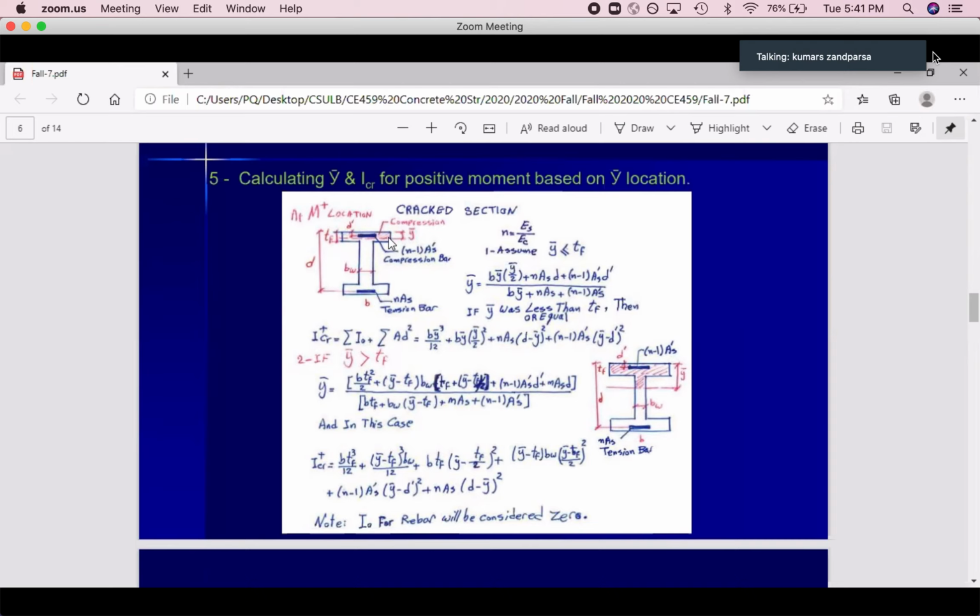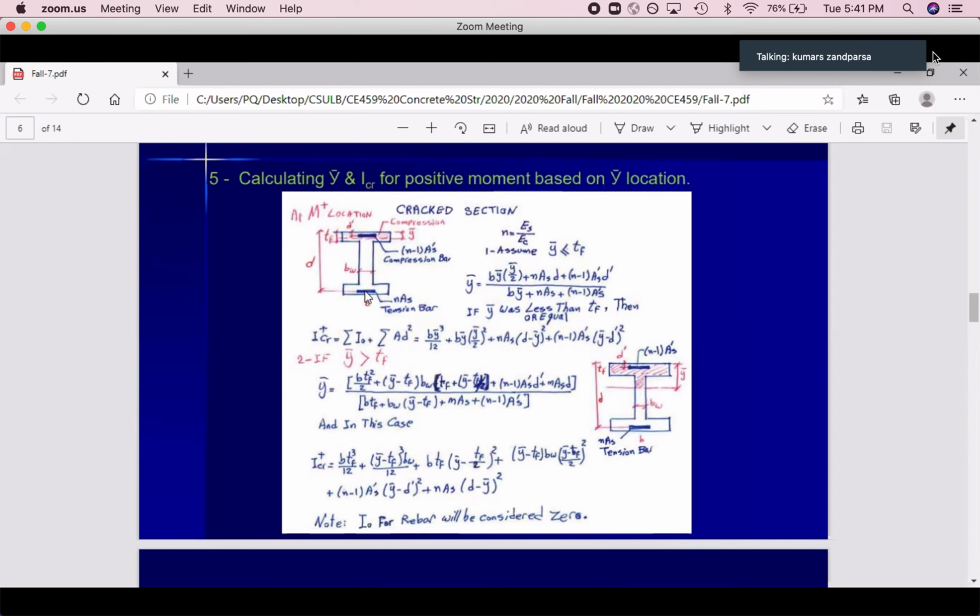Center of the hole is here. Distance from that center is y bar divided by 2. That's it. Plus n times AS times distance to neutral axis, d minus y bar.